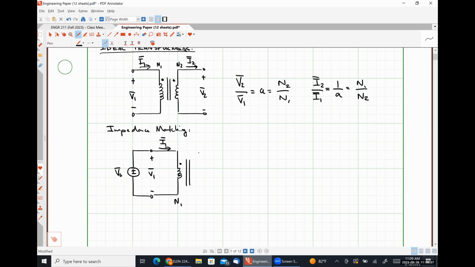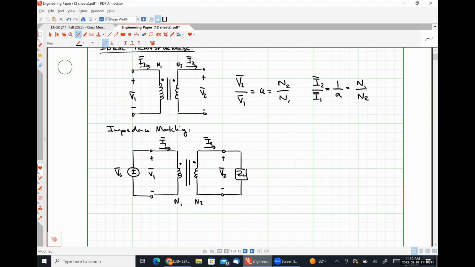Here's our turns ratio N1, secondary coil, N2 like so. This is going to be V2. Sorry, this should be I2. And then over on this side, we have our load impedance ZL.